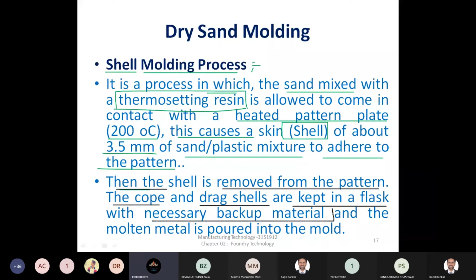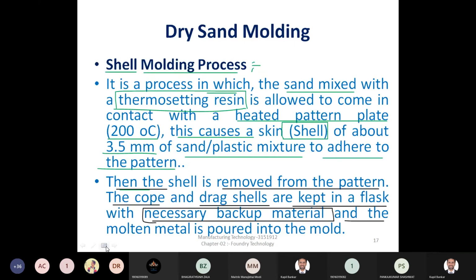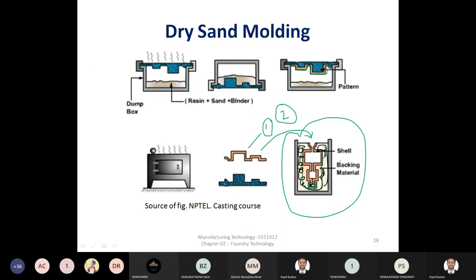You apply sand for backup purposes, so it can back up both the shells. Then molten metal is poured in the mold. You have to pour the molten metal over here.